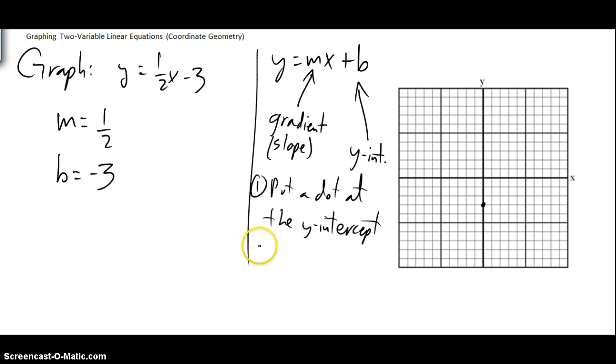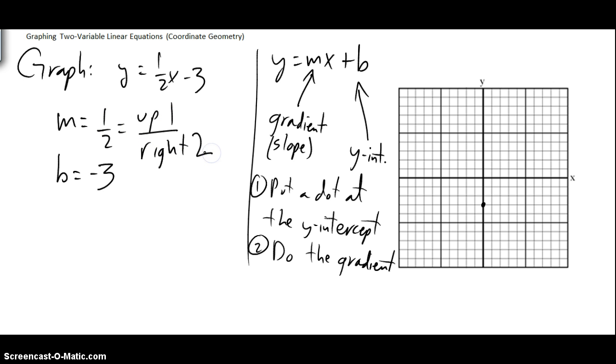And then from the y-intercept, we do the gradient, we do the slope, we do what it tells us to do. Here's the idea: the top means move up, the bottom means move right. If it's negative, the top is down, but in this case, the top is up. So this means up 1, right 2.